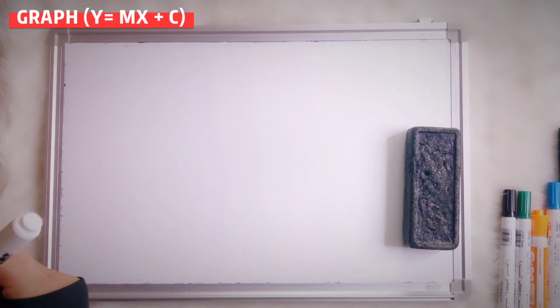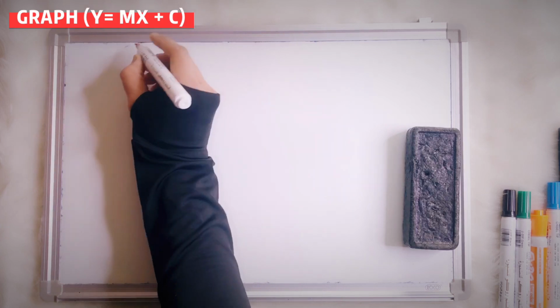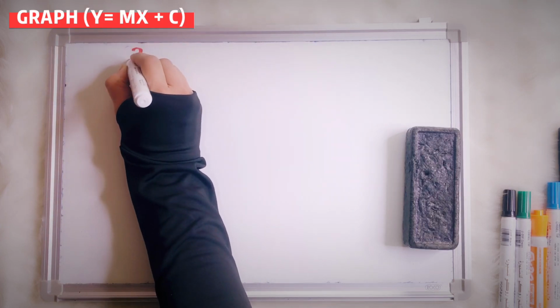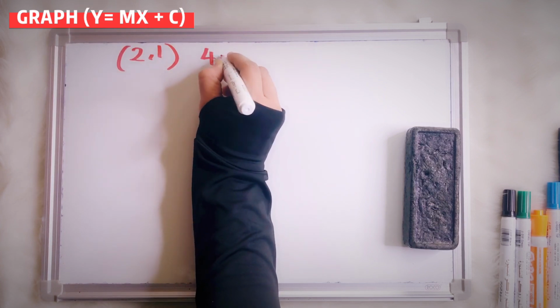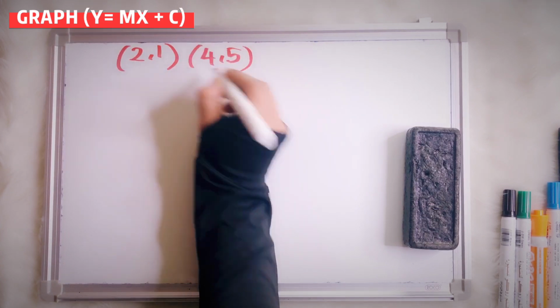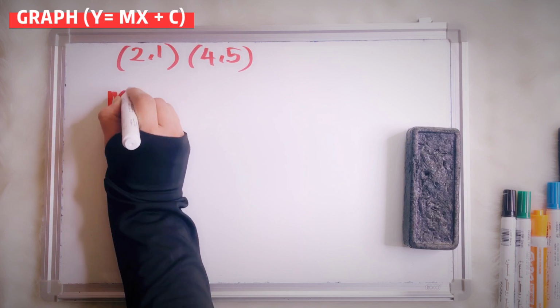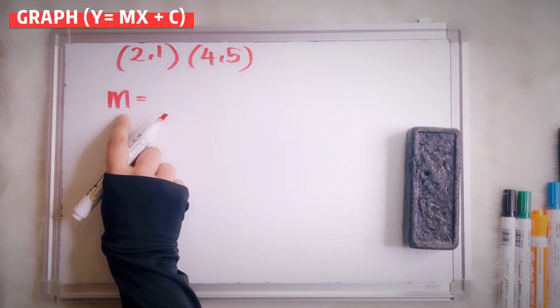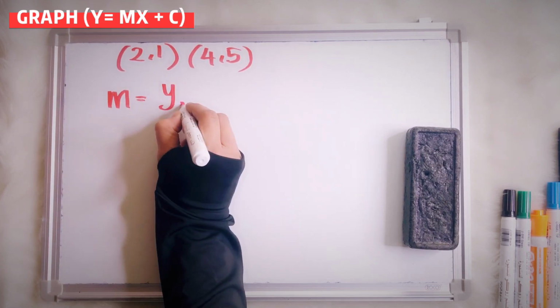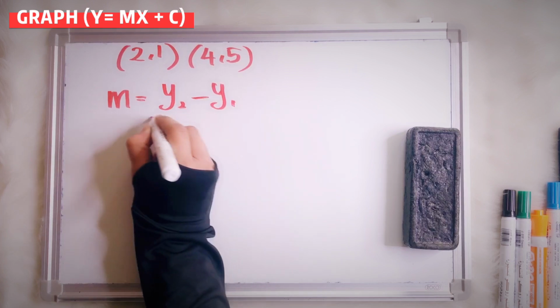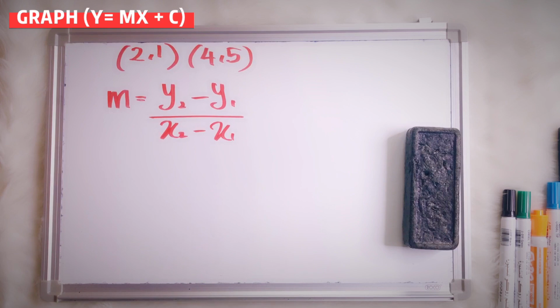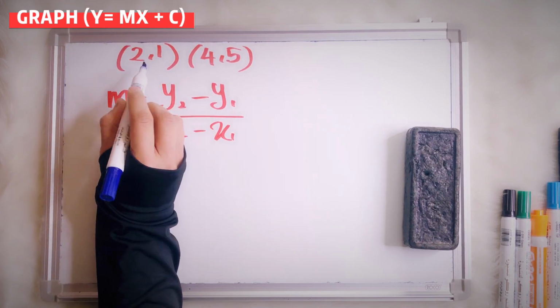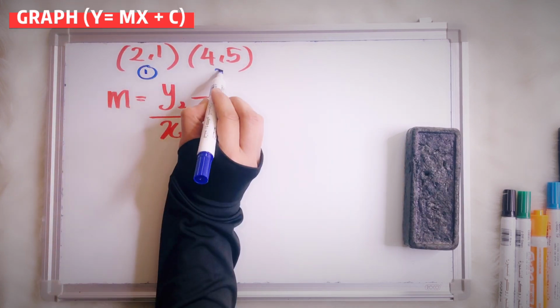Now you don't have the gradient. Let's say I give you 2 coordinates: (2, 1) and (4, 5). What is the formula to find the gradient? m equals y2 minus y1 over x2 minus x1. You can put this as number 1 and this as number 2.